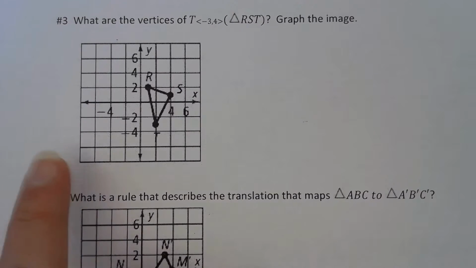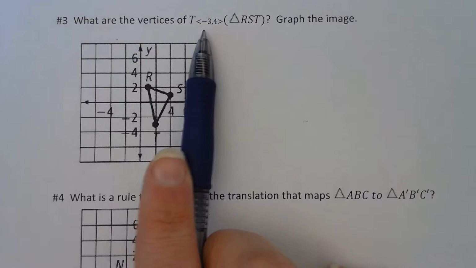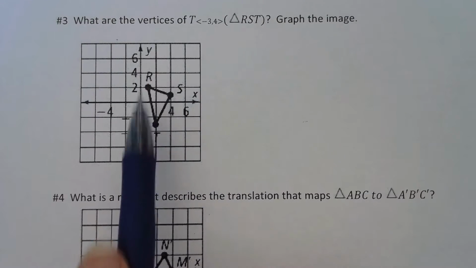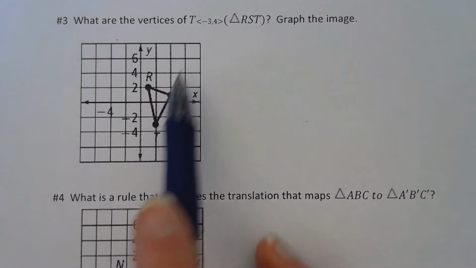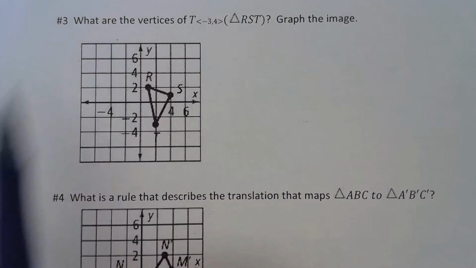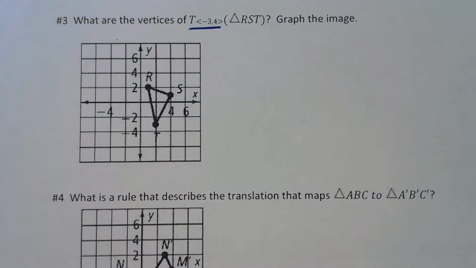So on question 3, they're going to start off by asking, what are the vertices of T, -3, 4 of triangle RST? So we're going to take triangle RST and we're going to do this transformation to it, graph the image, and name the vertices. Okay, so let's look at this and figure out what it is telling me to do.